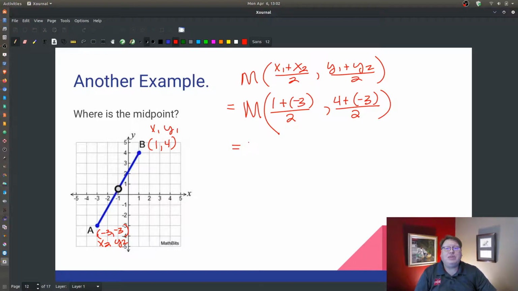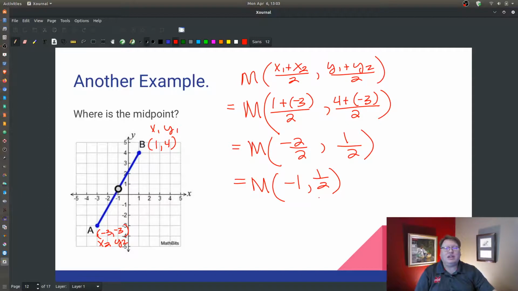And that means our midpoint is 1 plus -3, which is a -2. That's 3 minus 1, and give it the sign of -3. -2 over 2. And this is 4 plus a -3. That's the same as 4 minus 3, which is a 1 divided by 2. So that means our midpoint is located at -1, 1/2.